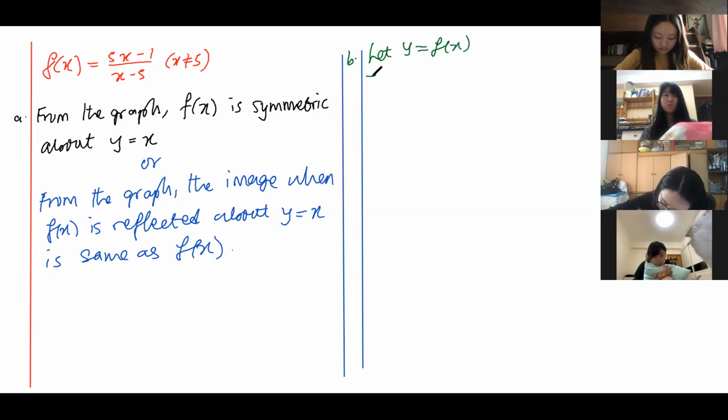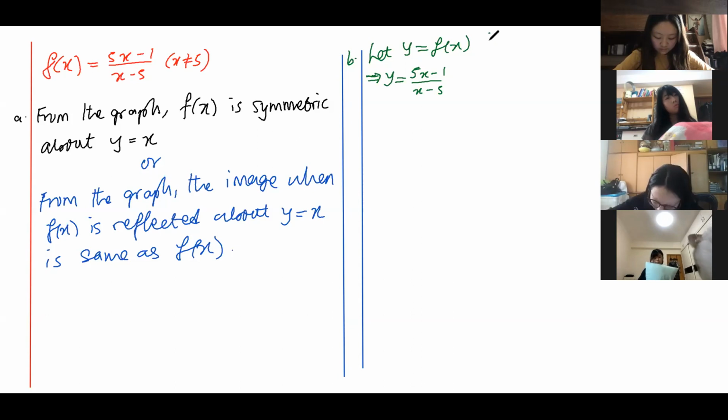Then this is y equals 5x minus 1 over x minus 5. But this also means something, Clarissa.